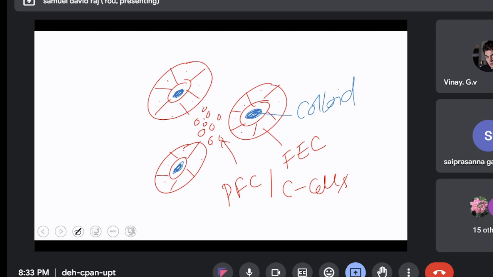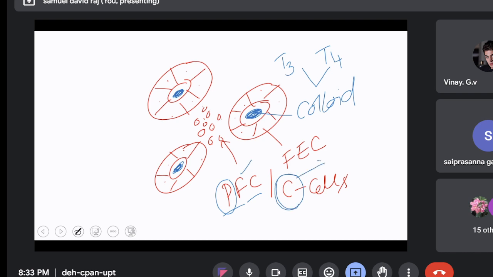And this colloid contains hormones of two types, T3 and T4, the synthesis of which we are going to learn in the coming slides. Coming to the C cells, these are called parafollicular cells because they are present by the side of follicles, and also C cells.